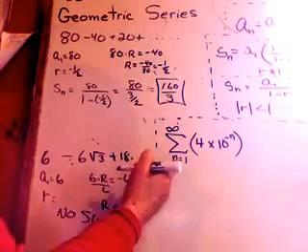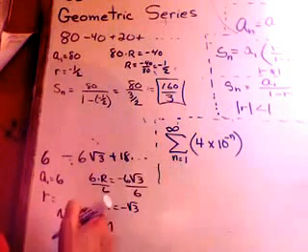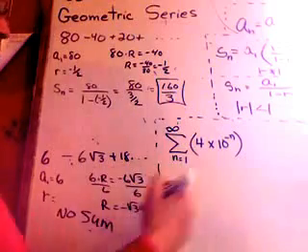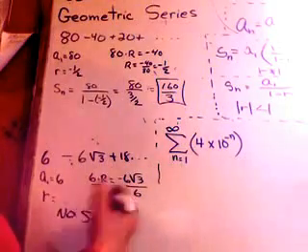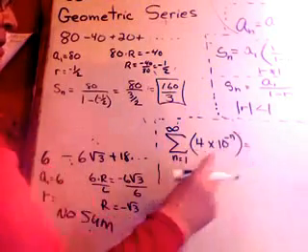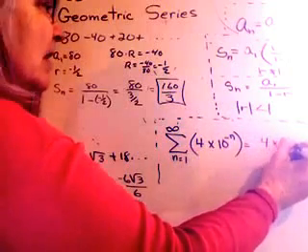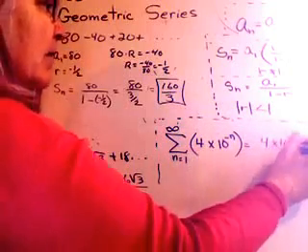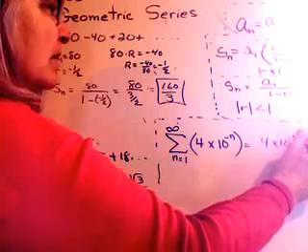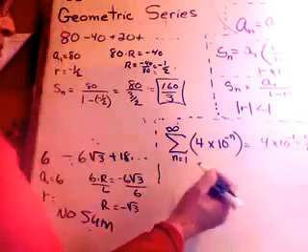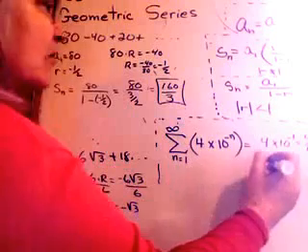Oh, this one is given to me in different notation. I need to write out the series so I can find the r first. So let's find the first few terms of this series. So if n is 1, it's 4 times 10 to the negative 1, that's 4 over 10 to the 1. So 4 over 10. There's that first term. Let's find the second term.